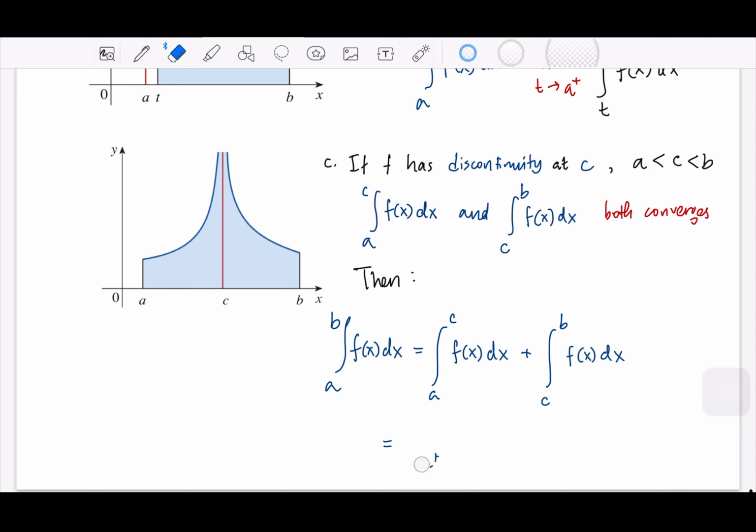Let me write with the red color. Then let me use another variable h to make this difference.